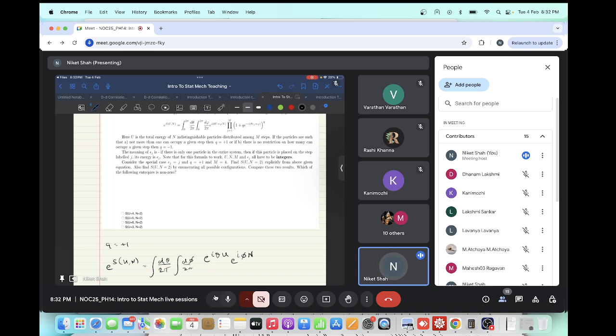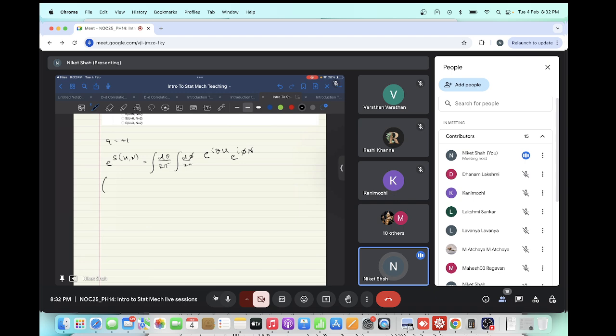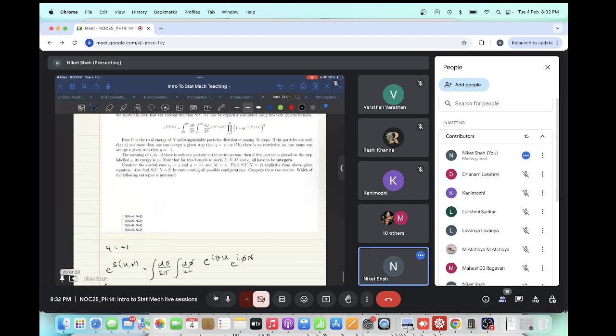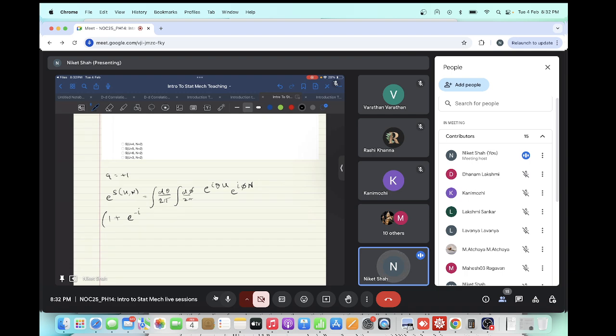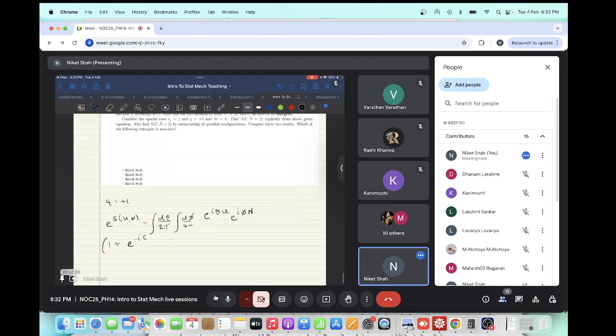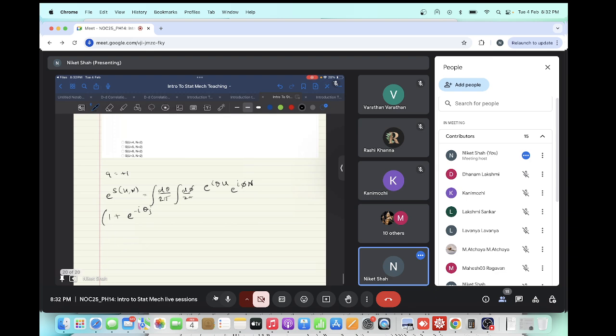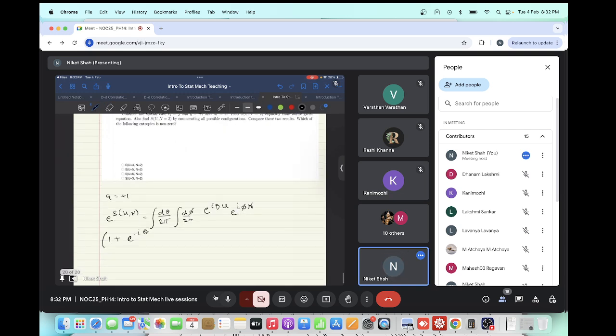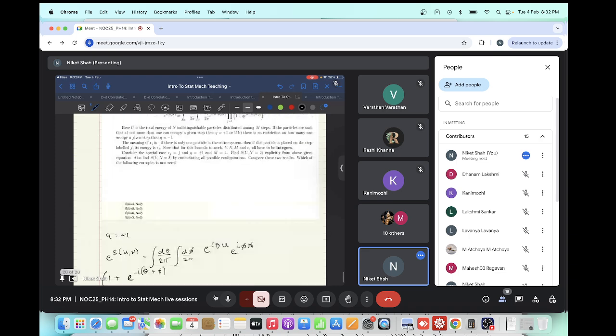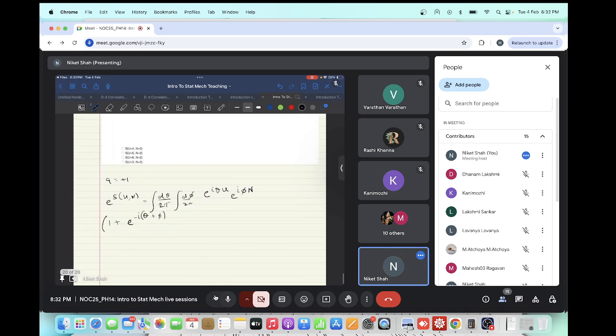Each step has two different kinds of occupancies. Either there will be no one on that step, or there will be one particle on the step. Either no particle or one particle. So enumerating all those possibilities will require four terms. 1 plus e raised to power minus I theta j plus phi, where j is 1 first, and Q is 1.